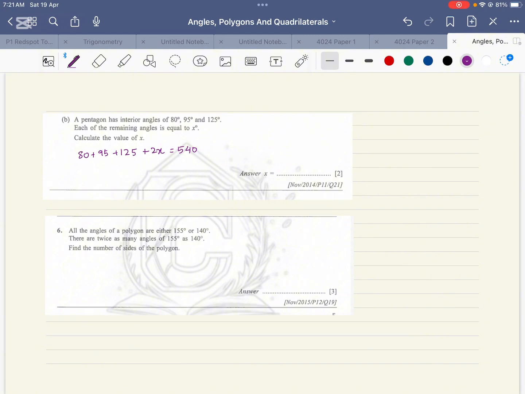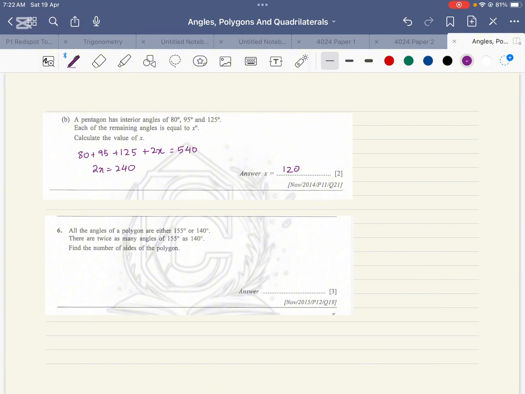So what we are going to do is 540 minus 80 minus 95 minus 125, which gives us 240. 2x is equal to 240. x is equal to 120. So let's add them up. 120 plus 120 plus 125 plus 95 plus 80 gives us 540.